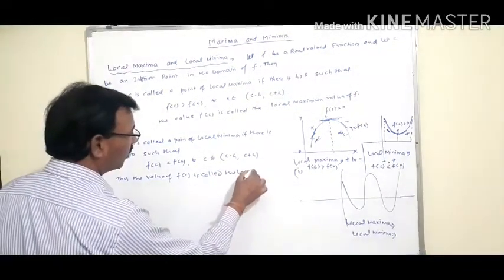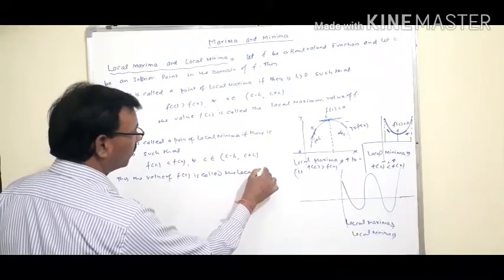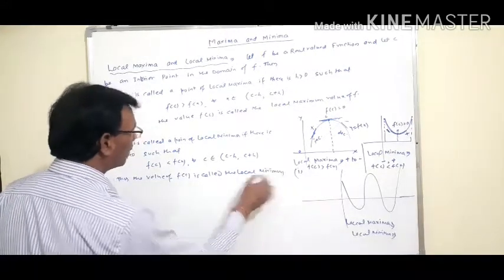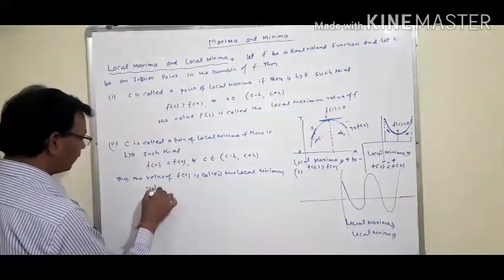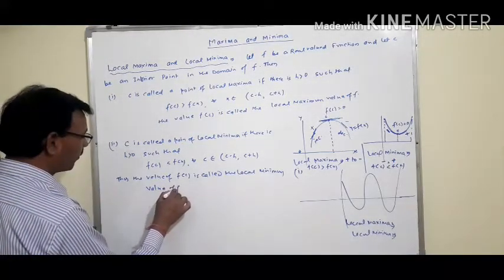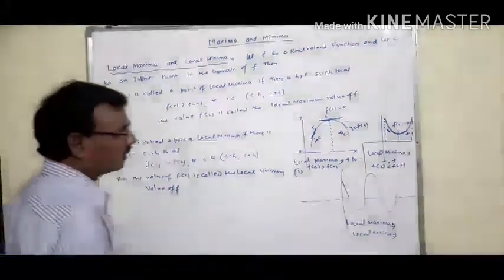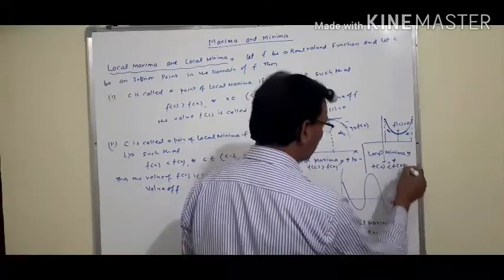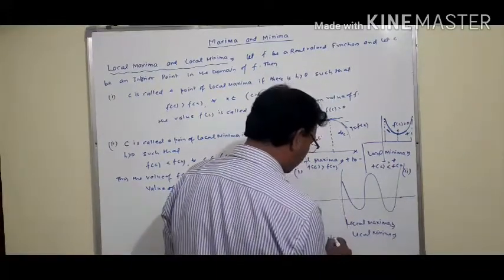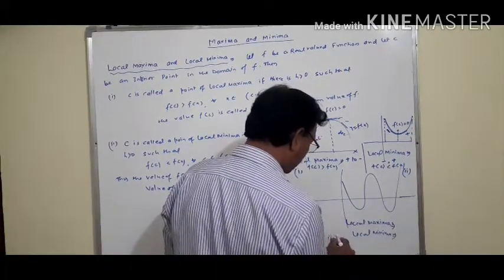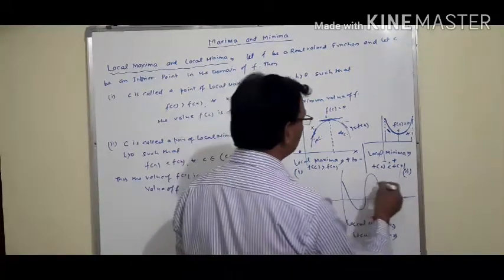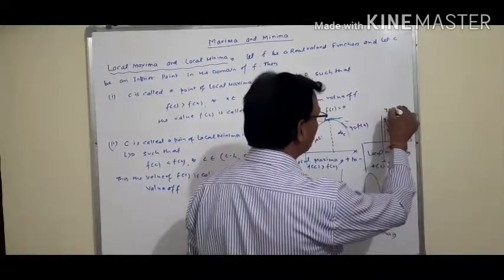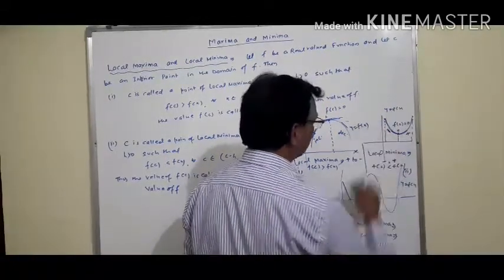Now this was the second graph. Now in the third graph, you can see here this is the graph of y equal to f of x.